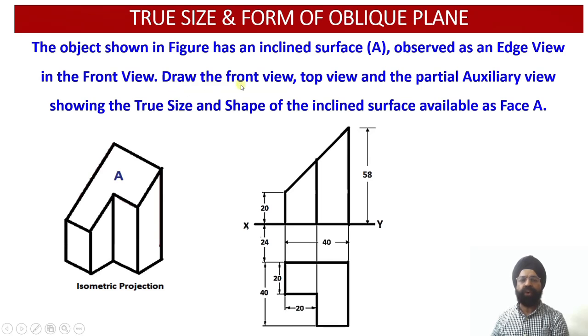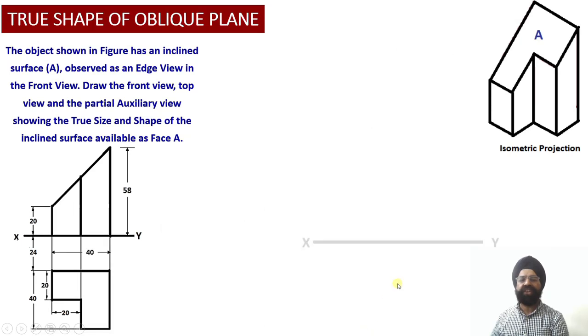We are required to draw the front view, the top view and the partial auxiliary view showing the true size and shape of this inclined surface, face A, of this isometric projection. Now we have been provided with the orthographic projections, so let us start with their construction.